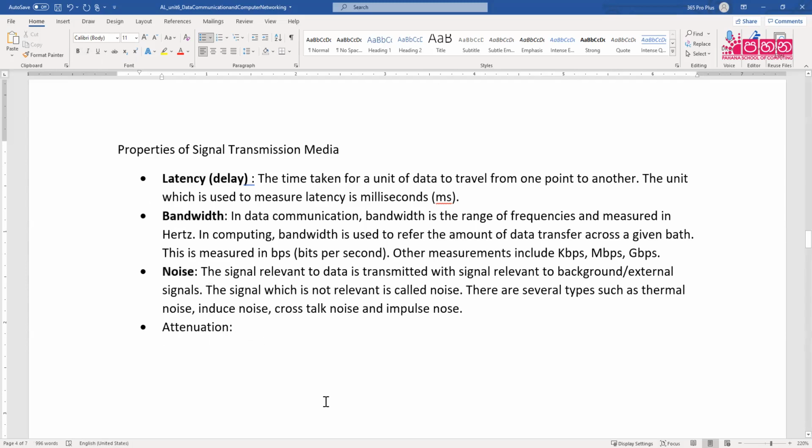Then you have attenuation. So what happens in attenuation? When you transmit data to a very far away place, then it will change the original signal.